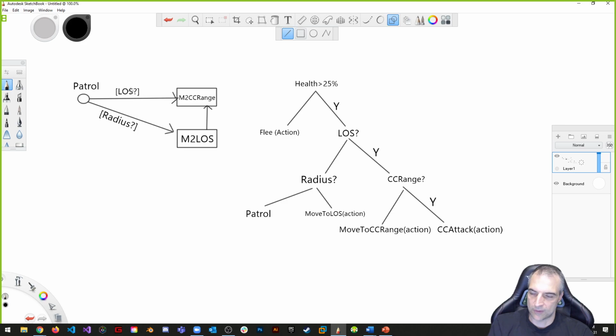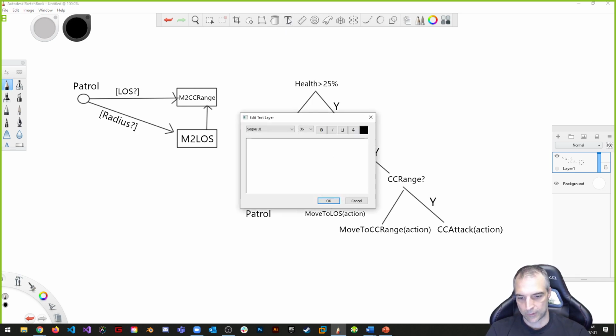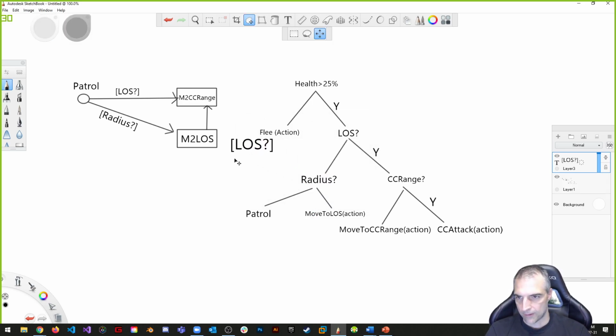It's a condition, a way of transition, and I would use the same transition from move to line of sight or patrol to get into range. So line of sight, if I have it, then I want to move into range. Now I'm duplicating, but that's okay because this is helping me figure things out in terms of my motion.